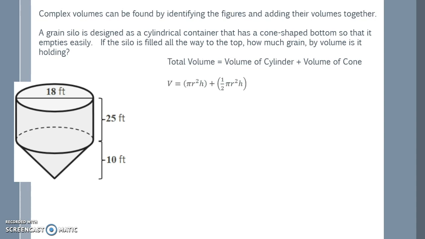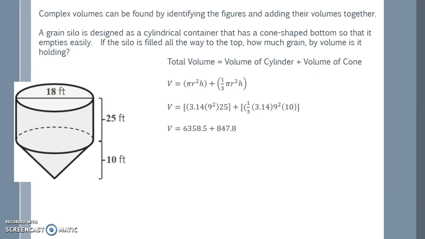So our total volume would be the volume of a cylinder, pi r squared h, plus the volume of a cone. So plugging in the information particular to the cylinder and the cone, we get 3.14 times the radius of the cylinder, which is half of 18 or 9, times the height of the cylinder, which is 25, plus 1/3 times pi 3.14 times the radius of the cone, which is also 9, except the height of the cone is 10.